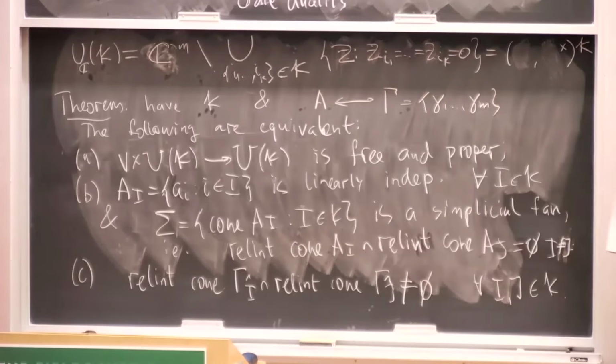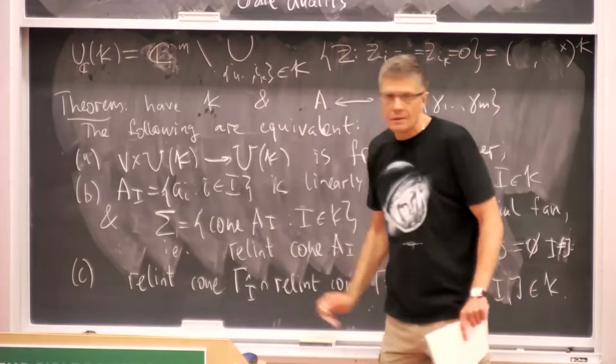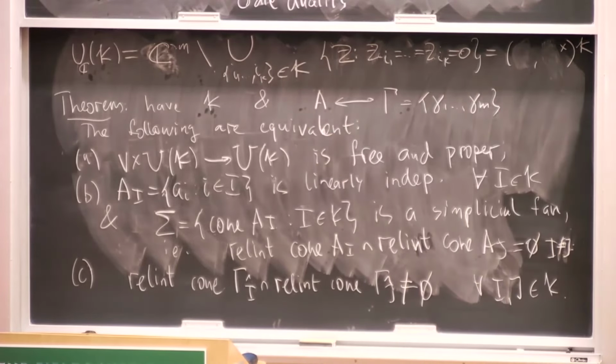You throw away coordinate planes corresponding to non-simplices. Whenever you have a point in this U of K with some zero coordinates, then the zero set of this point is a simplex in K.